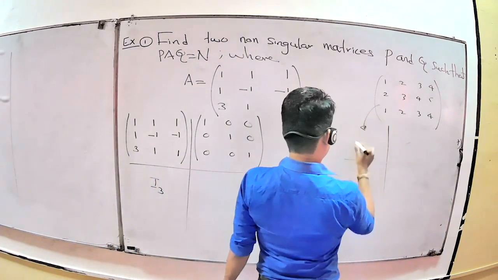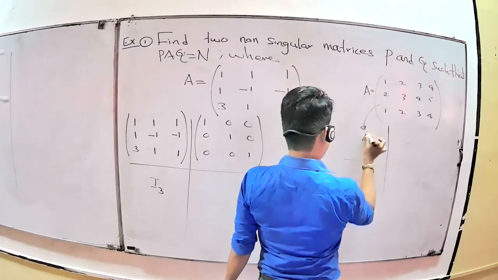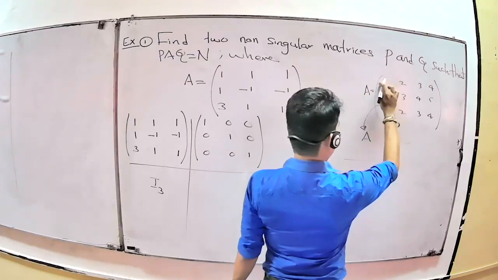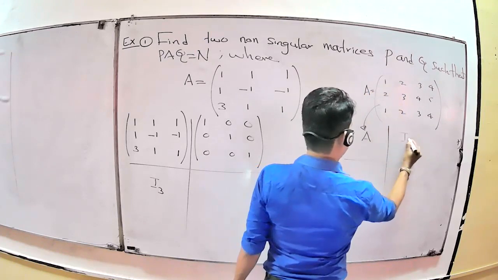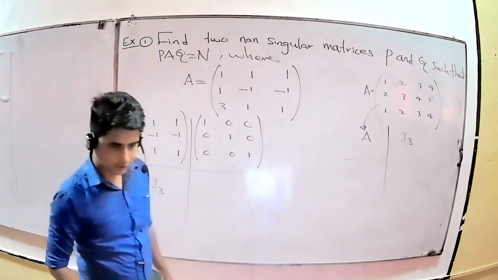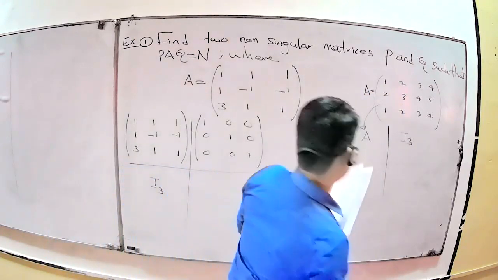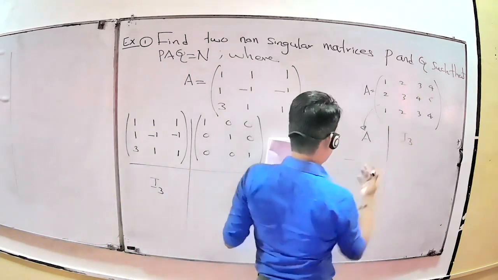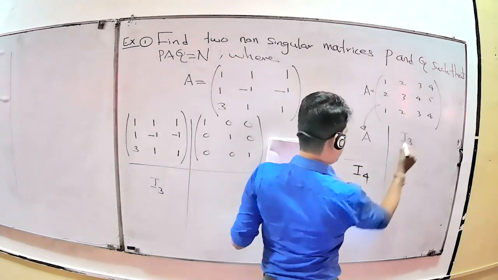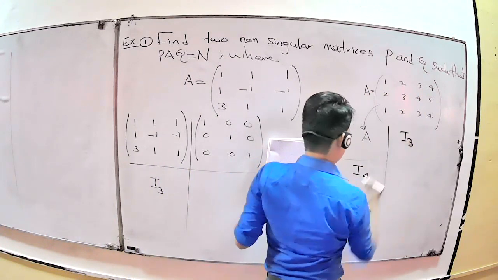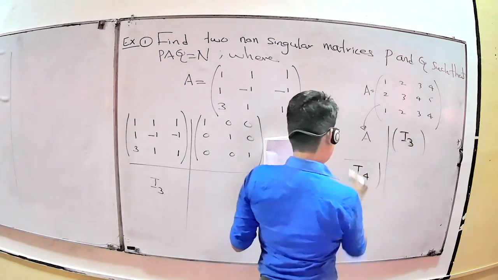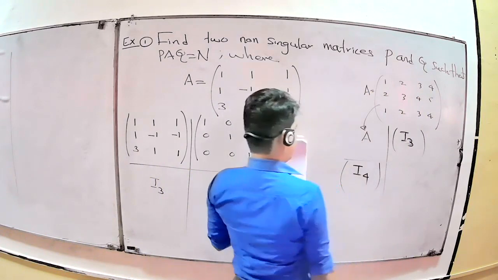Here the number of rows equals 3, therefore you put I3. Here the number of columns is 4, therefore you put I4. Here I3, here I4. Then first do the row operation, then the column operation, then you can get the normal form.